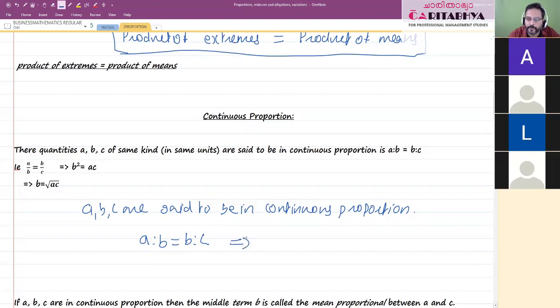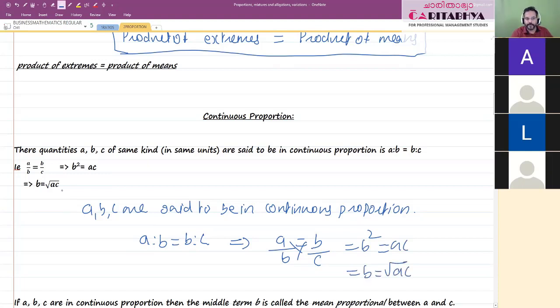Only when an equality of 2 ratios comes can we say it is a proportion. But here we have only 3 terms. To say it is a continuous proportion, A is to B should be equal to B is to C. That means A by B equal to B by C. Cross multiplying, B square equal to AC or B equal to root of AC.